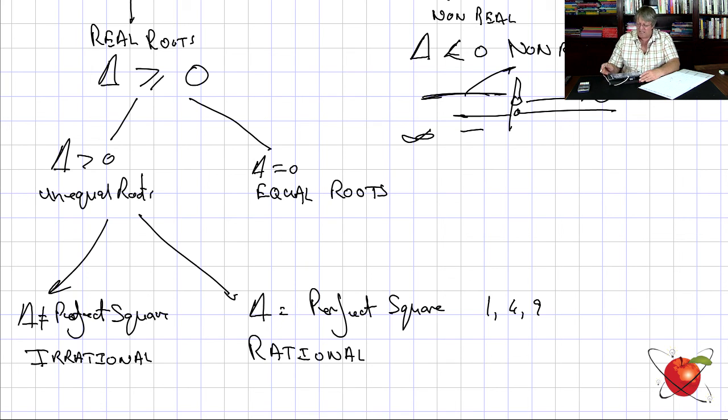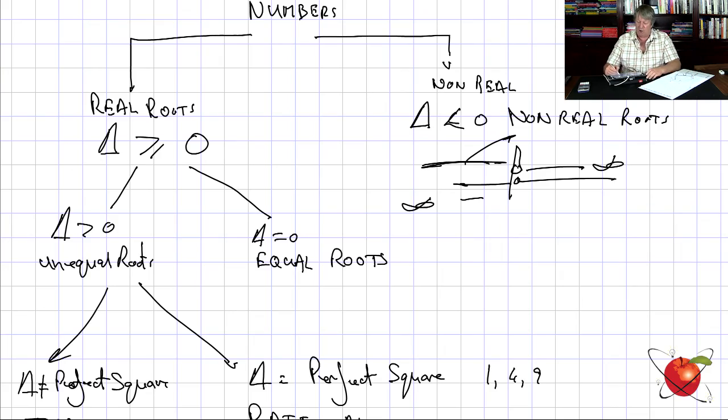So let's just go through this process. We started off at the top with numbers. We split numbers into non-real and real. The non-real section must have delta less than 0. On my number line, if anything is here, this is non-real.